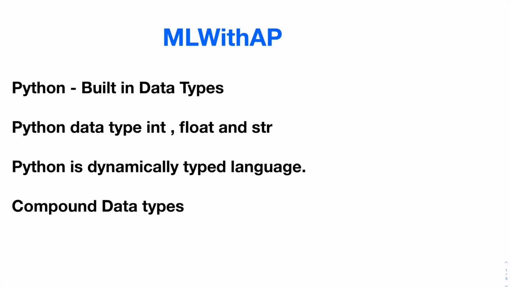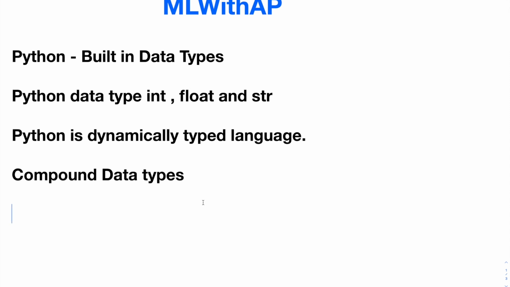We have already discussed int, float, and string, which were more simple data types. Now we are going to discuss compound data types. And what is so compound about it? We'll discuss just in a bit. We'll primarily be discussing list, tuples, dict, and set.